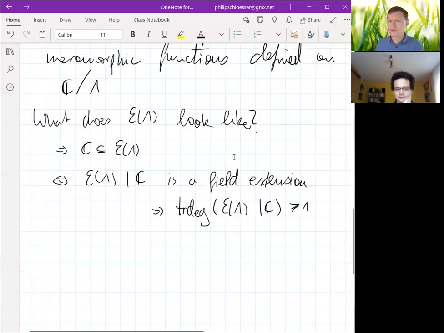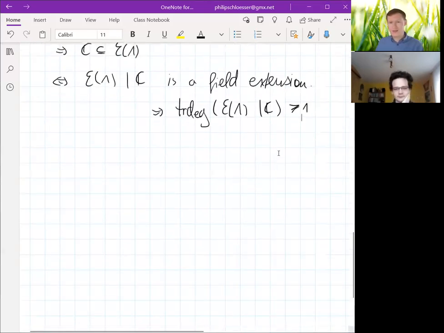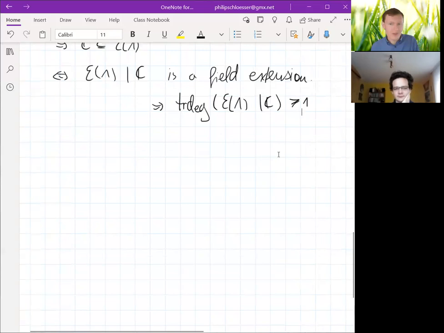Or to be fair, it could also be 0 and E lambda is just equal to C. We don't know yet if there are any non-constant elliptic functions at all. So our first goal is to construct a non-constant elliptic function.